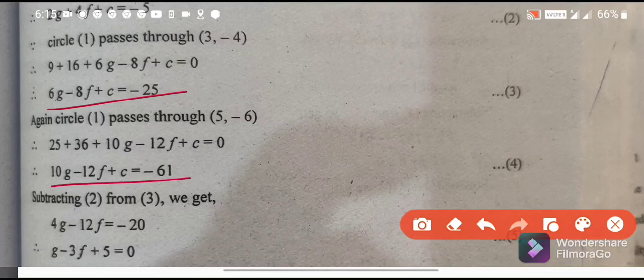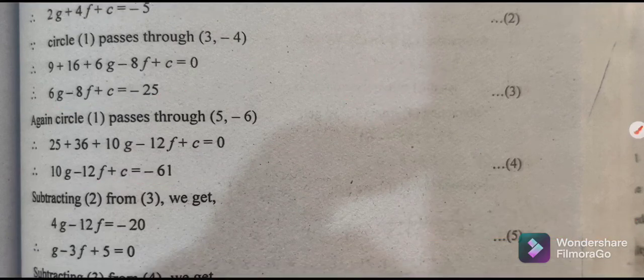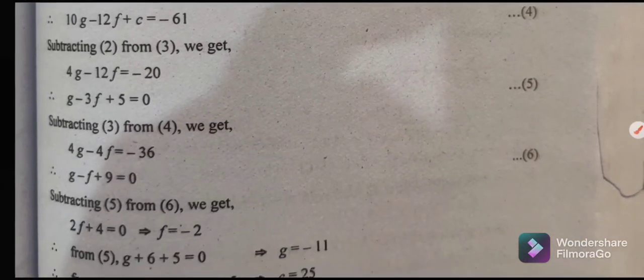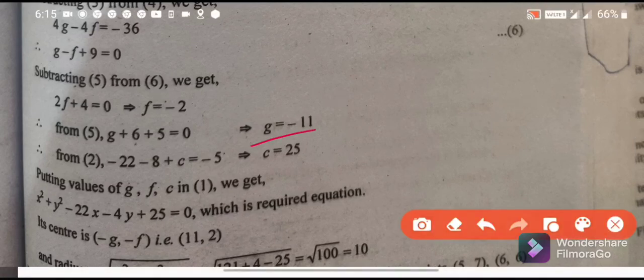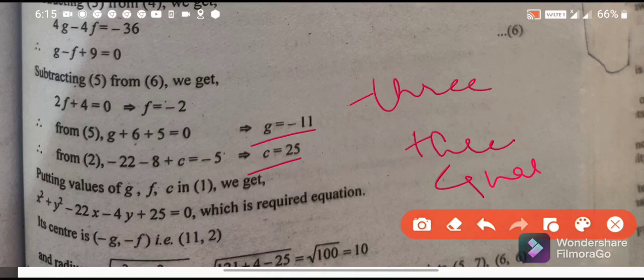So by 3 points we get 3 equations. Now by using the 3 equations, we will find the values of g, f and c, because with 3 unknowns, we will require 3 equations. Now the center is equal to (minus g, minus f).